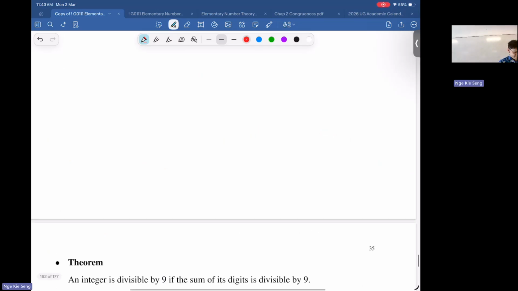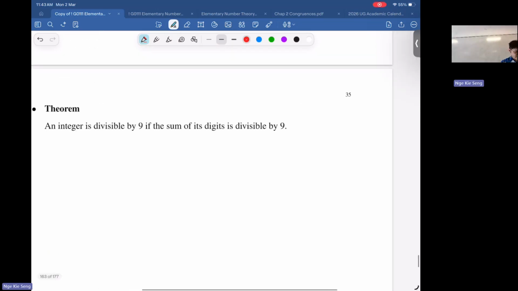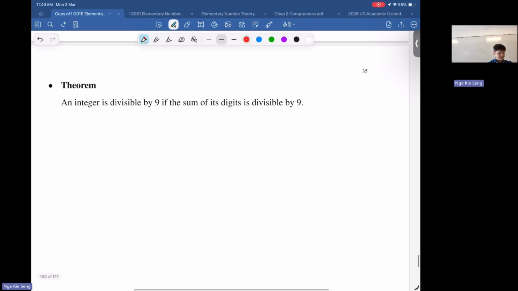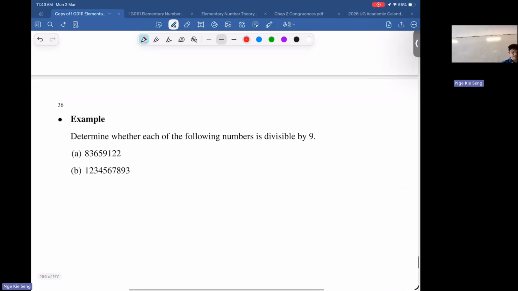Next, an integer is divisible by 9 if the sum of the digits is divisible by 9. So this is very similar to mod 3. Here is another bunch of numbers for you.